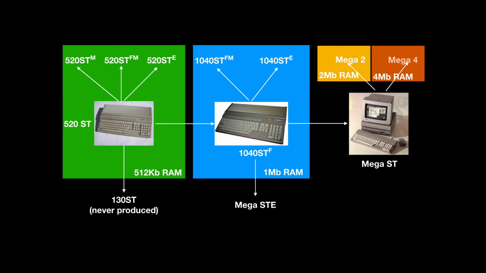The later models were the Mega 2 and Mega 4, and obviously the original one is the 520 ST. But in the lifetime of the Atari line, the 520 and the 1040 appeared alongside each other. They were just basically the same models, but instead of having 512 kilobytes of RAM, you had 1 megabyte.